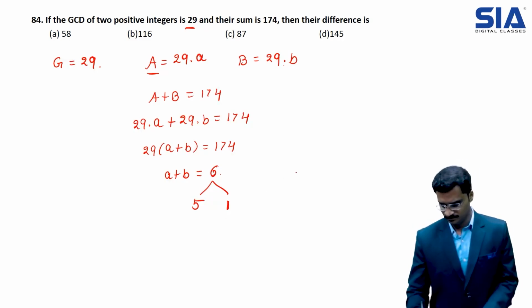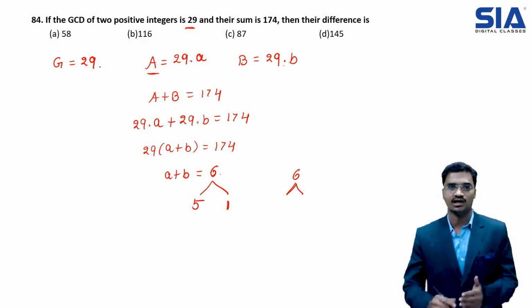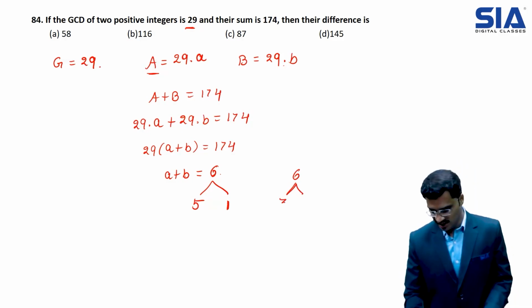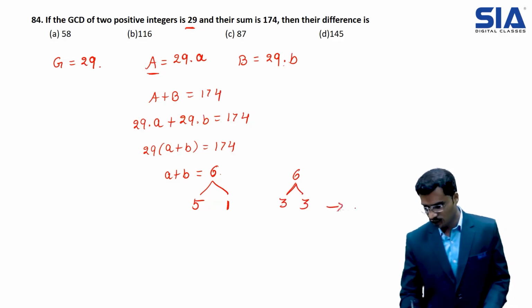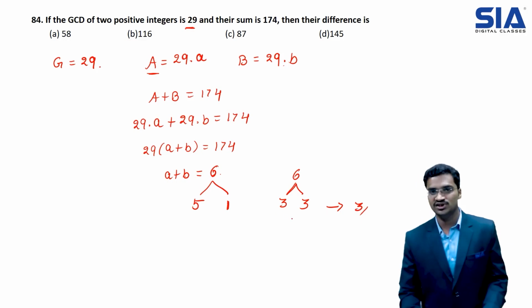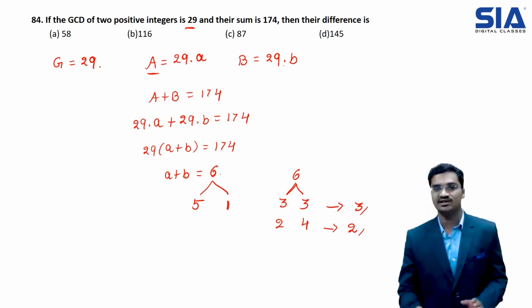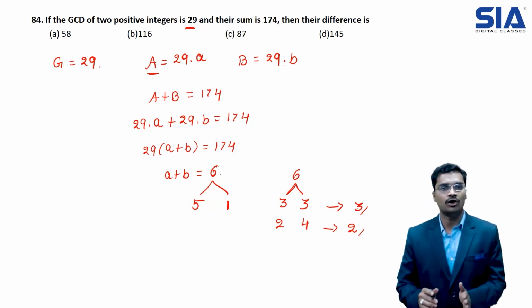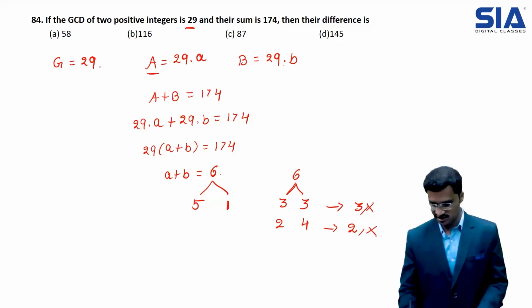If I take a as 3 and b as 3, the common factor is 3. And if I take 2 and 4, here also the common factor is 2. So both of these are ruled out.